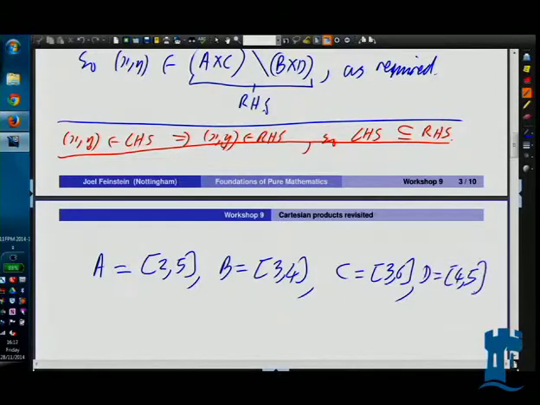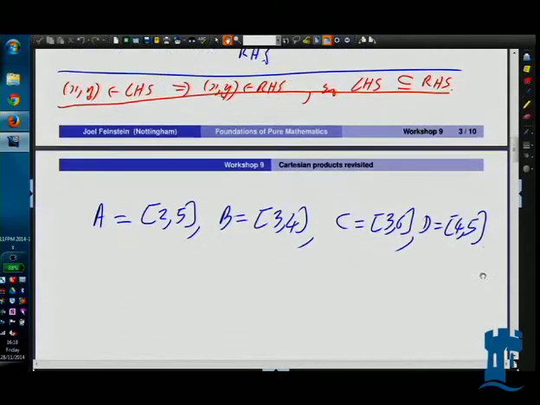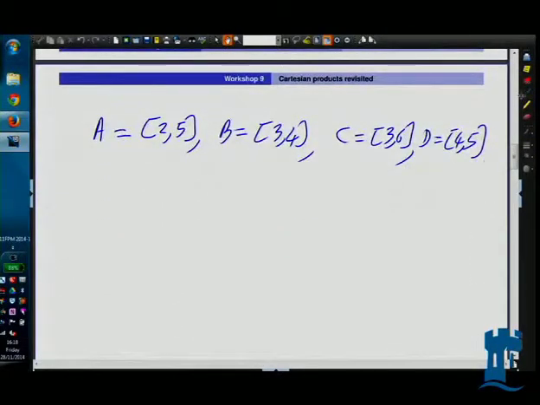Let's see what I can do with that. So we want to look at A and B in the first coordinate and C and D in the second coordinate. So let's draw a picture. So A and B, let's see, 2 and 5 and 3 and 4.